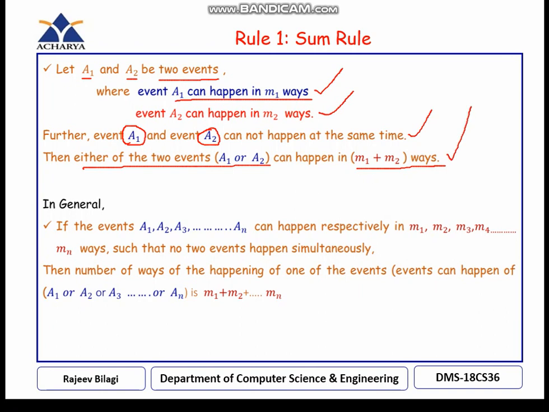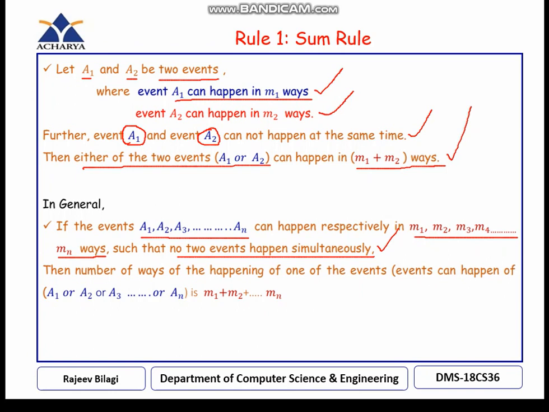So if I talk in general, let us assume that there are n different events, that is A1, A2, A3 up to An, which are going to happen in m1, m2, m3 up to mn ways, such that no two events can happen simultaneously. That is the condition.